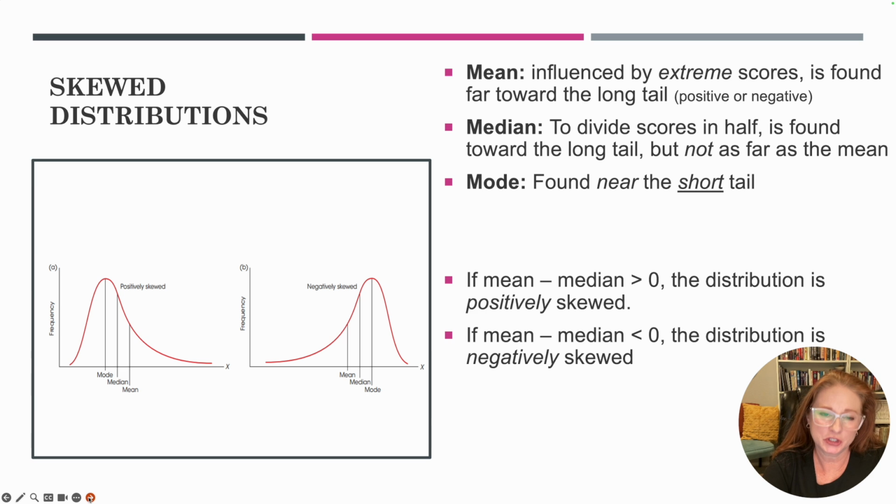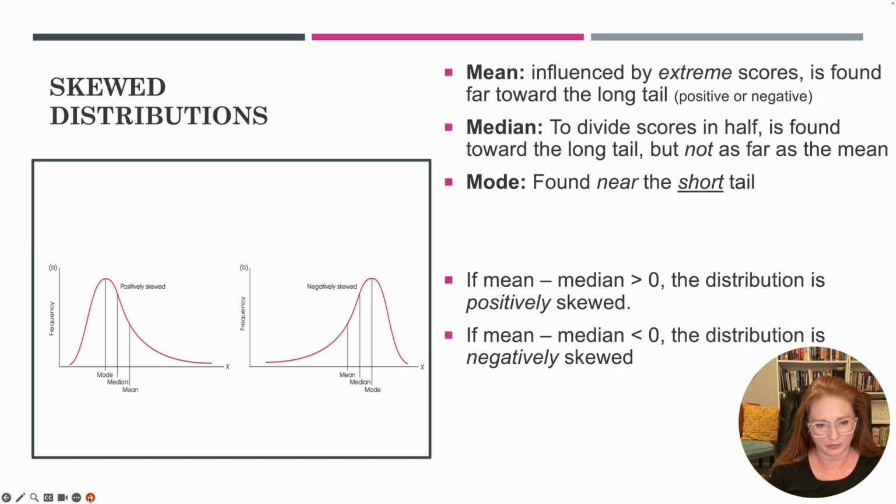Okay. With skewed distributions, the mean is influenced by extreme scores. With extreme scores, it's usually found far towards the long end of the tail, either positive or negative. So take a look at A first. In a positively skewed distribution, you see how it goes first the mode, then the median, then the mean. If you take a look at B, it's also first the mode, then the median, then the mean.